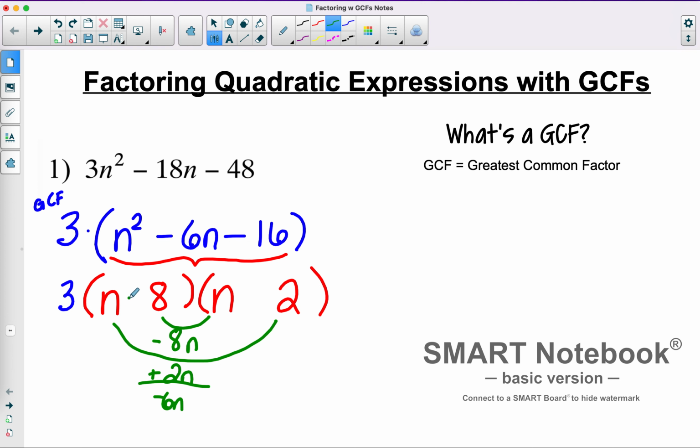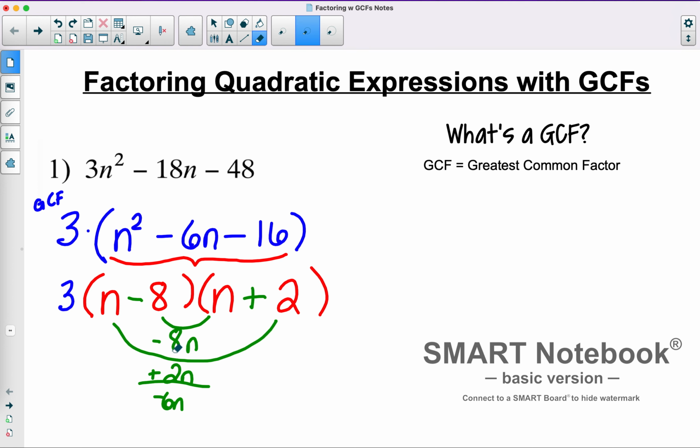So if I had n minus 8 and n plus 2, we can just double check it. n times n is the n squared. We already know that the 2n and negative 8n combine to give me the negative 6n, and the negative 8 times 2 is a negative 16.